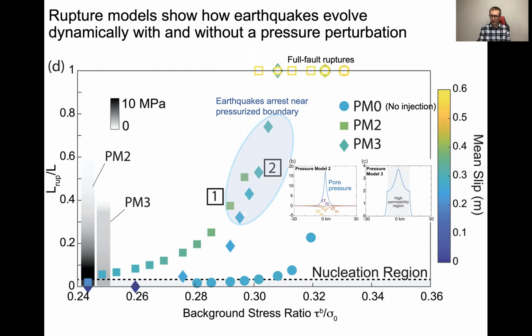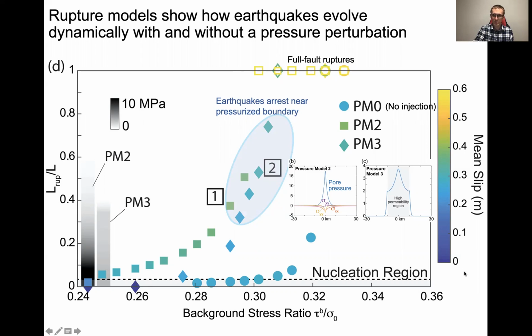So the ruptures are able to rupture right through. In this case, both perturbed and unperturbed ruptures become full fault even if the perturbation is there. However, at some intermediate stress level, you can see that ruptures are arresting in the zone where the pore pressure is decaying to very small values.